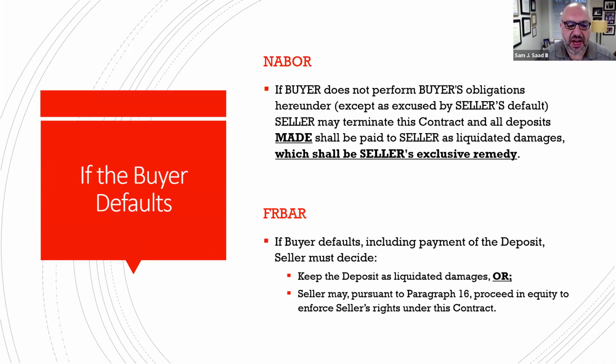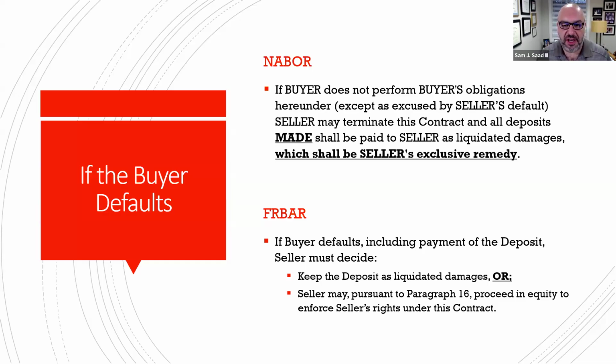So that's what NABOR says if the buyer defaults. What does this mean? Under the NABOR contract, if the buyer defaults, the seller gets the deposits held in escrow, and that's it.